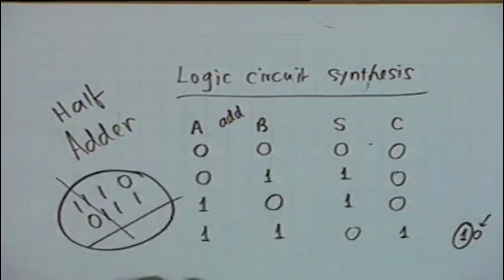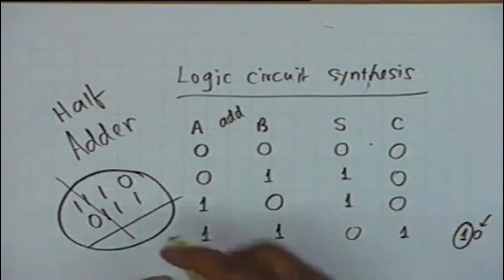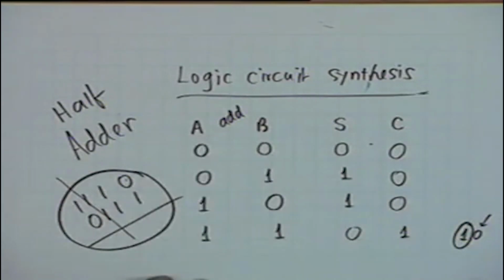So this is called a half adder, and you can appreciate that one half adder will be needed in the addition of any two binary numbers. The first digit, the rightmost digit addition, shall require a half adder, because you don't have a carry from the previous addition, as there is no previous addition.